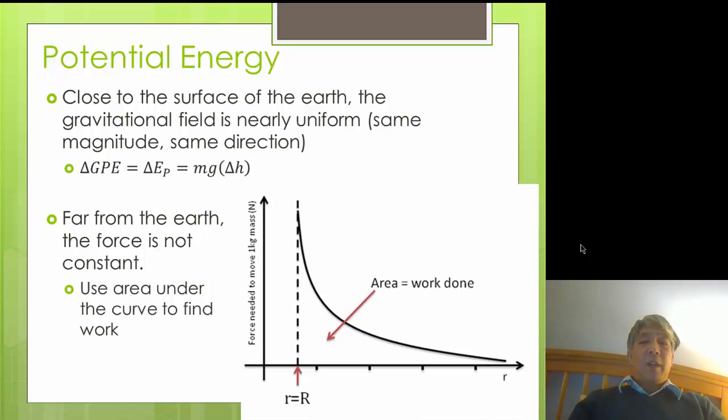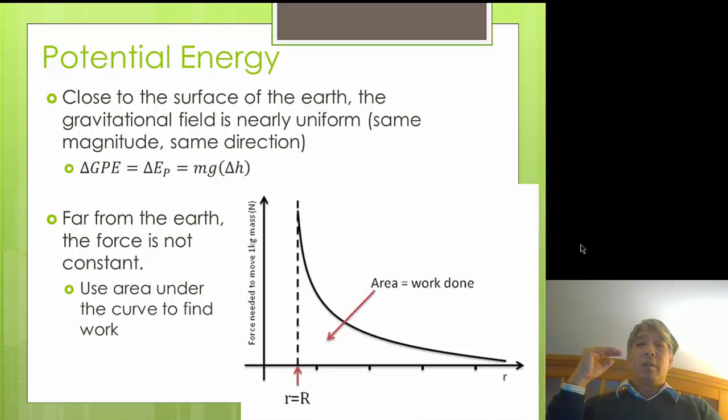Gravitational potential energy we're fairly familiar with. It's mg delta h. But that formula is really only true close to the surface of the Earth. The reason it's appropriate close to the surface is because the radius of the Earth is so big that even going a few kilometers, from the surface of the Earth to Mount Everest, it's not that big a difference.